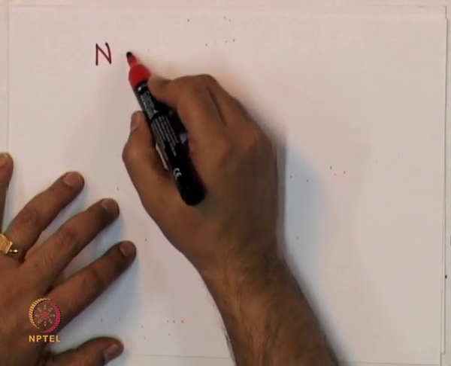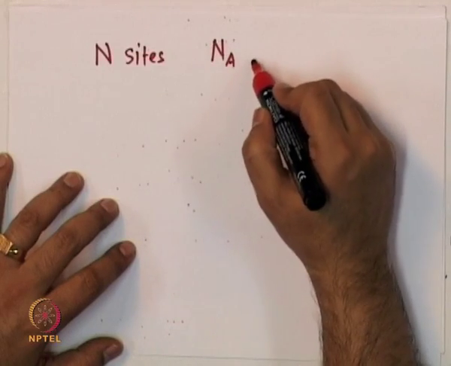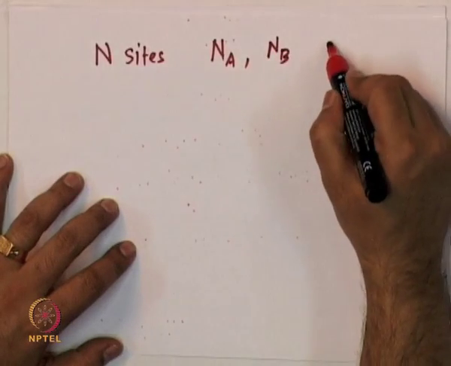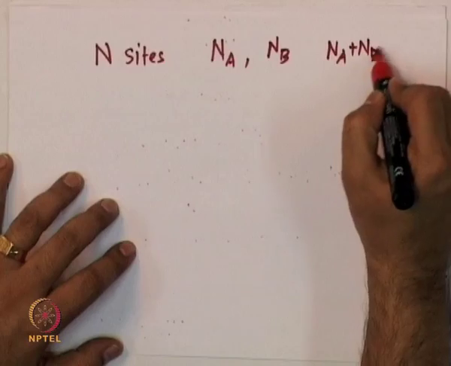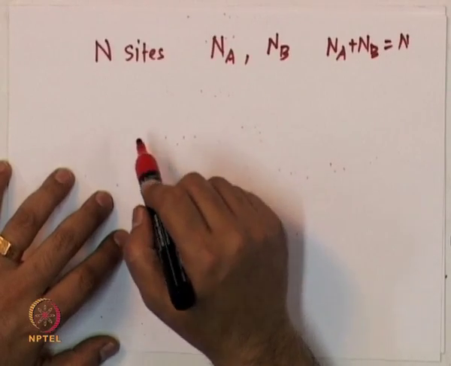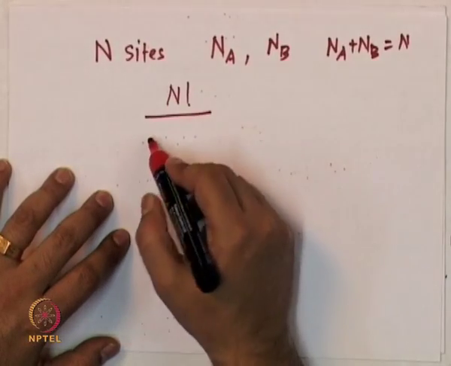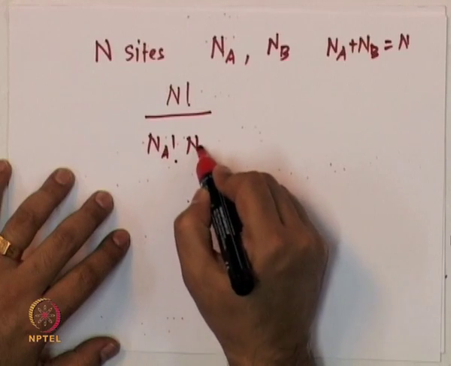Welcome to this tutorial. In this tutorial we are trying to understand the expression that we write for configurational entropy. Specifically, we said that if you have n sites, where n is the number of sites, and you distribute Na number of A atoms and Nb number of B atoms, and Na and Nb add up to n, then the total number of indistinguishable ways in which you can distribute this is given by n factorial by Na factorial Nb factorial.